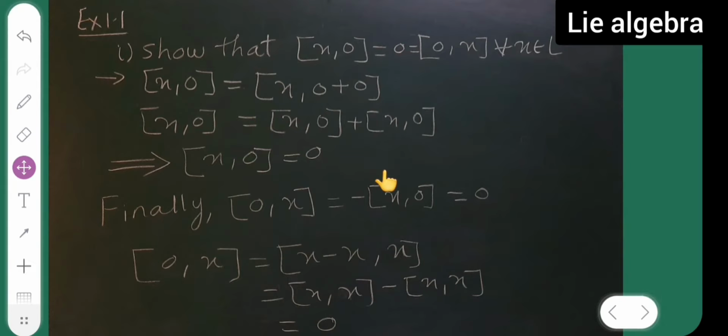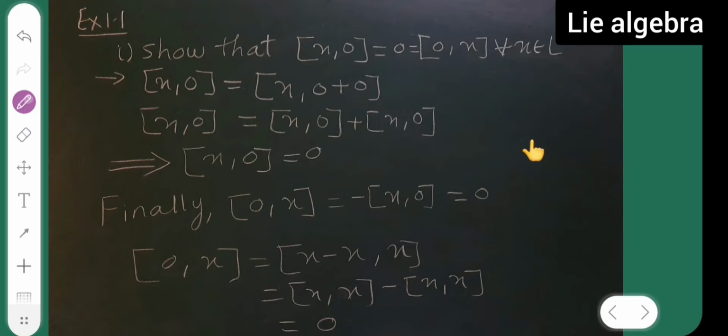Next is exercise 1.1. I have to show that [x, 0] is equal to 0, which is equal to [0, x] for all x belonging to the Lie algebra L. Take [x, 0] first, which is equal to [x, 0 + 0], splitting the 0, then it becomes [x, 0] plus [x, 0].